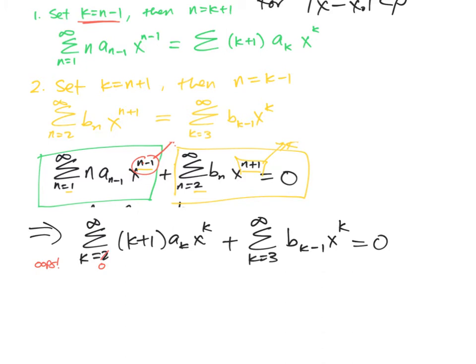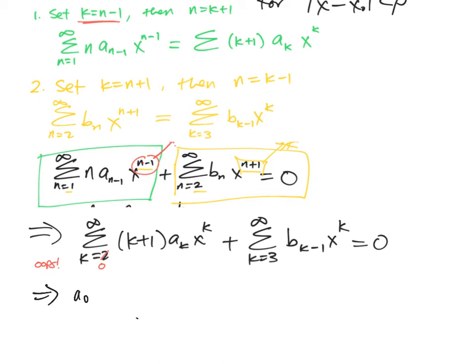Okay, let's write this as a single power series. For k equals 0, 1, and 2, you're only getting contributions from the first term. So when k equals 0, we'll get 1 times a_0 x to the 0.